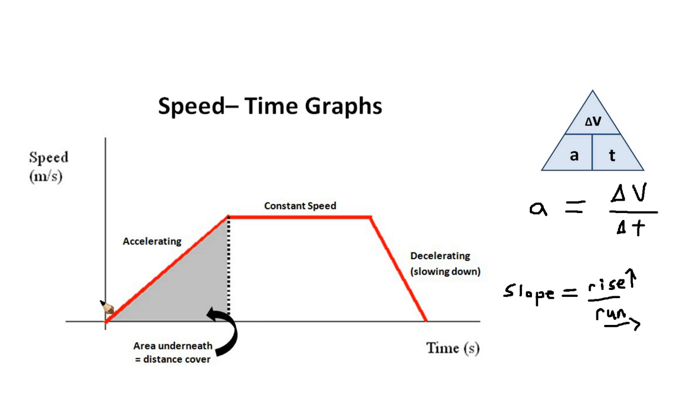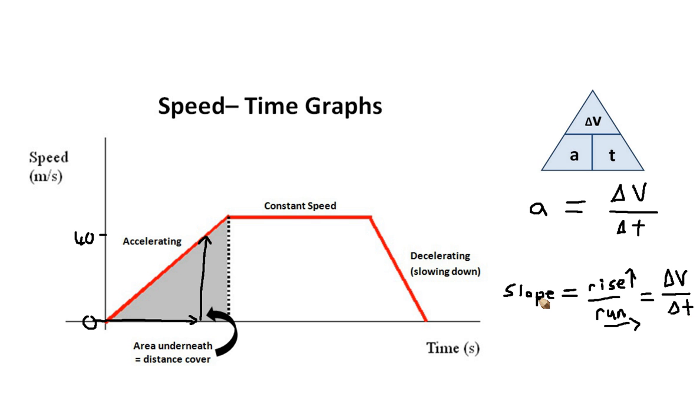If we're working out this section at the beginning here, the rise is speed, so the rise is a change in velocity. We went from a velocity of 0 here up to maybe 40 meters per second at this point. So that's a change in velocity as we go up, over our run, which is a change in time.